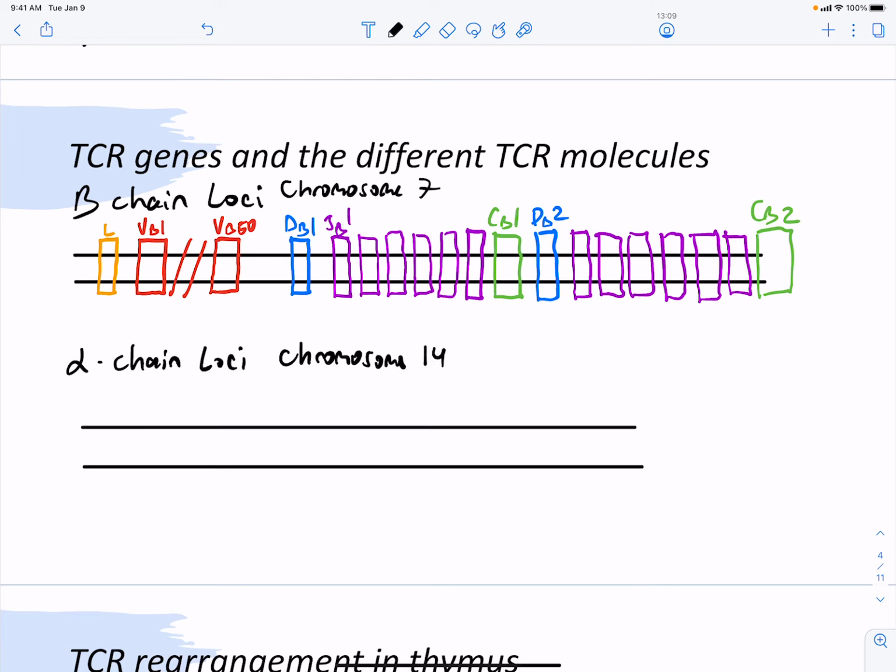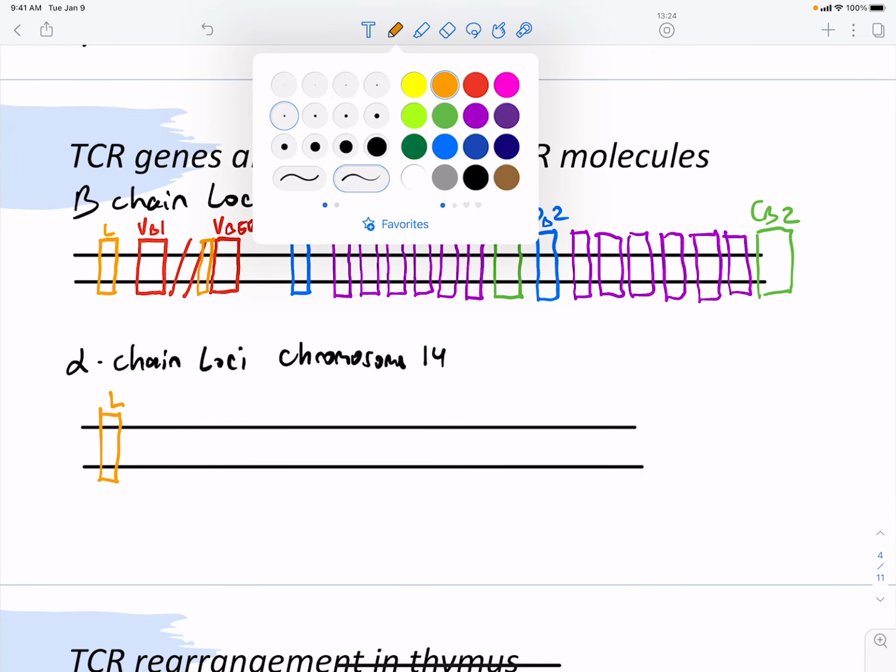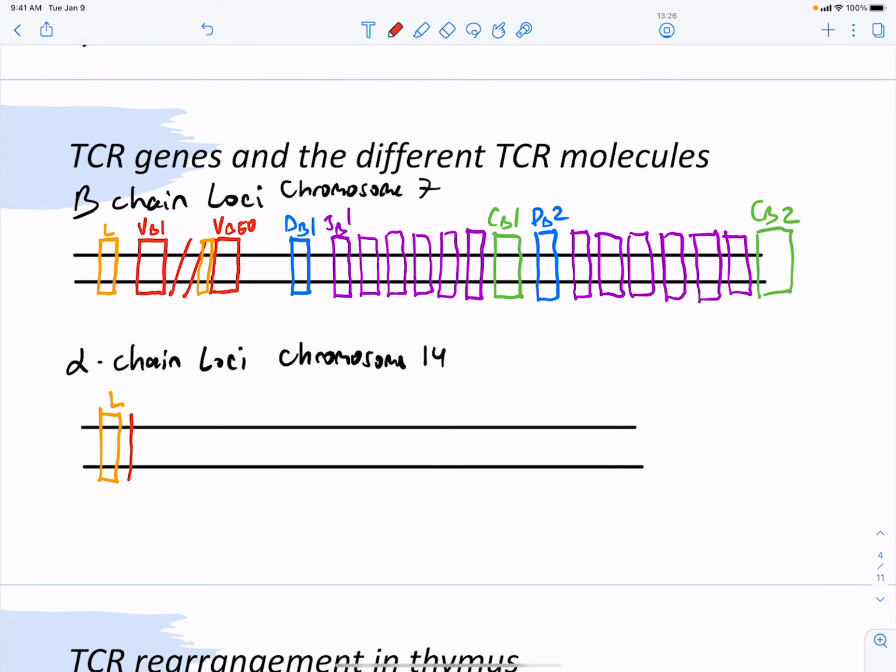And so our alpha chain will have, of course, our variable regions and our leader sequences. And I should have put a leader here, sorry. Squeeze them in there. We'll have our leader, we'll have our variable alpha, and then the alpha can have anywhere from 45 to 80.